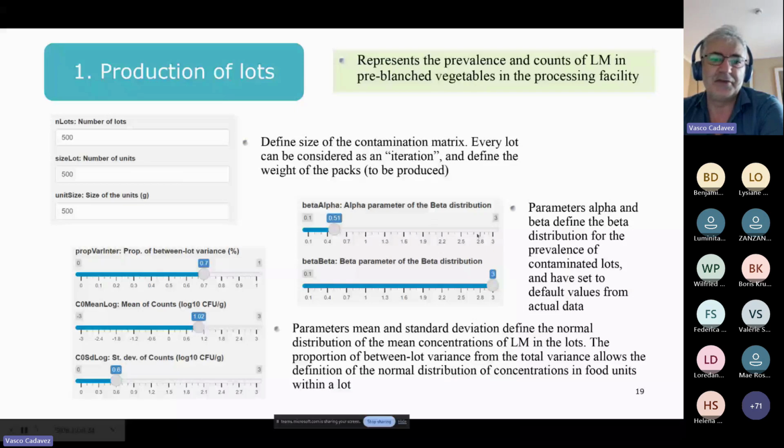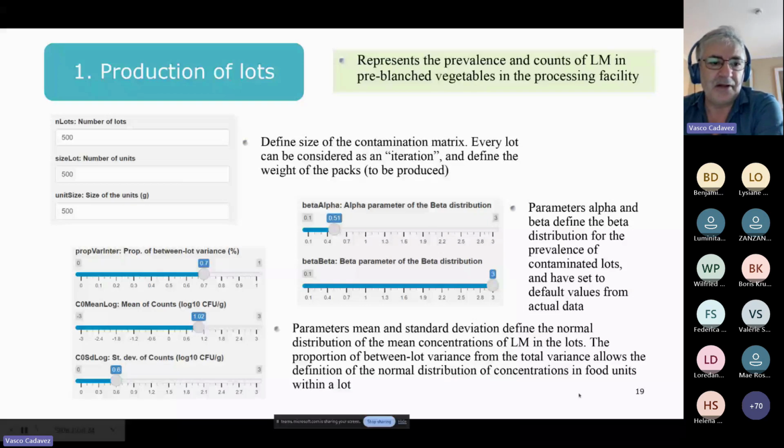In this case, if you go to these alpha and beta parameters, these parameters are the alpha and beta parameters that define the beta distribution for the prevalence of contaminated lots. Let's say we developed a model where we can input variability between lots and within lots with this beta distribution.